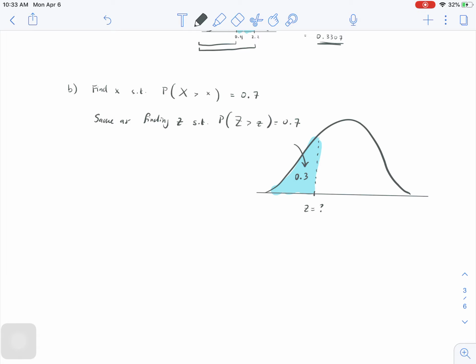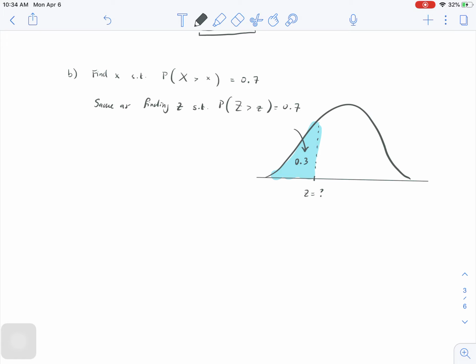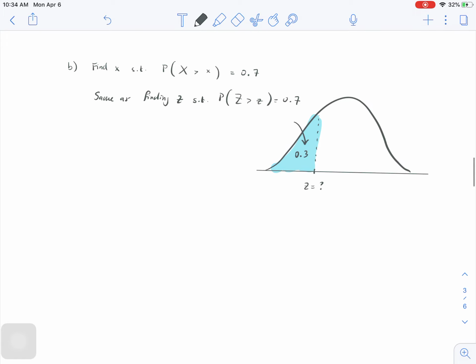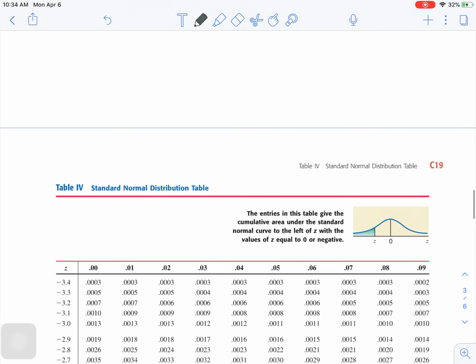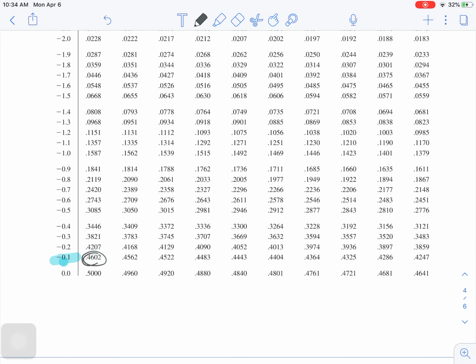So I want to find the z value such that the area to the left is 0.3. I'll look for 0.3 among the areas in my table. Let's see how close we can get to 0.3. I have 0.2981 and 0.3015.